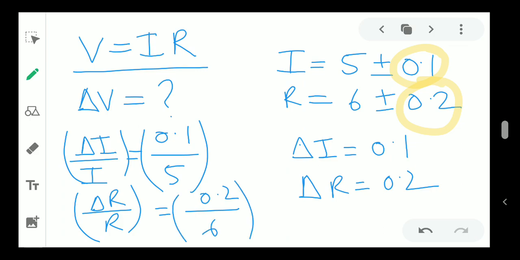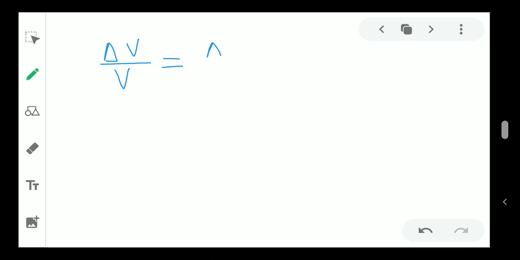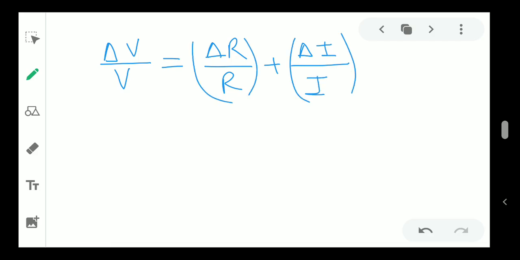So these two are there. Ultimately I know that the relative error of delta V by V is also the sum of the relative errors delta R by R plus delta I by I. Now these values I know, so I can directly put them here.